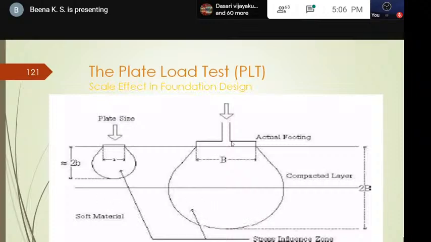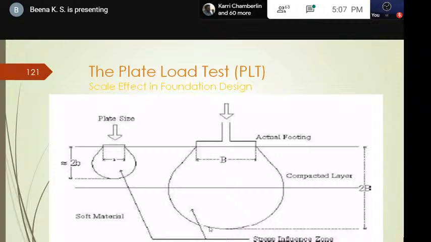If you compare the plate size and the actual footing, the plate size may be 0.2 meter or 0.3 meter, whereas our actual footing may be around 2 meter or 1.5 meter.